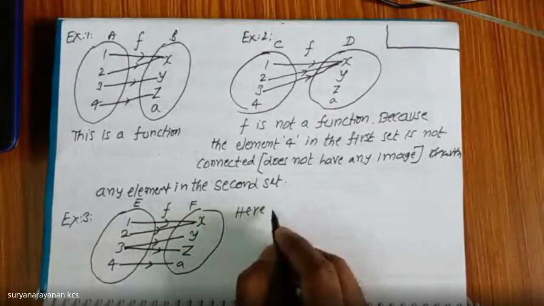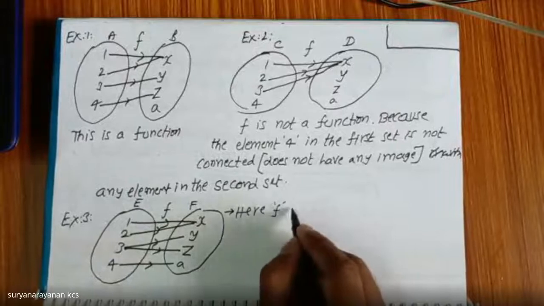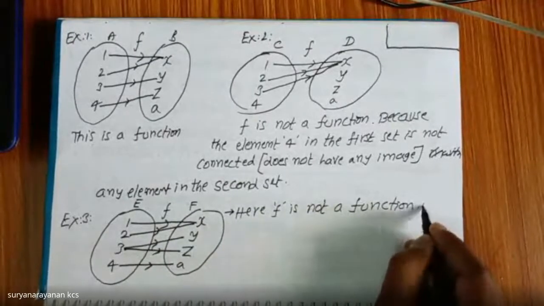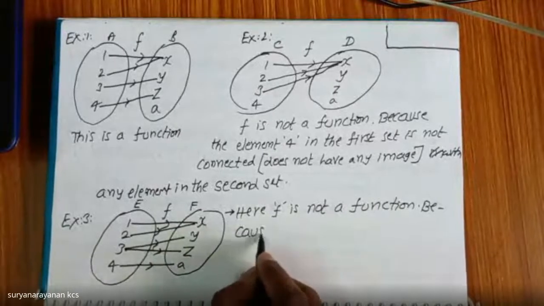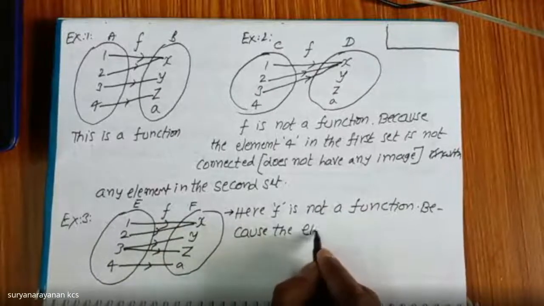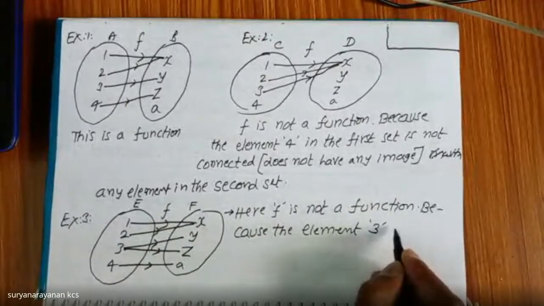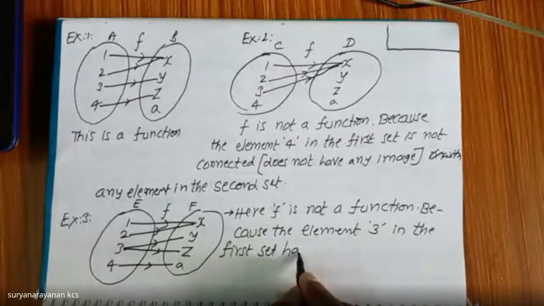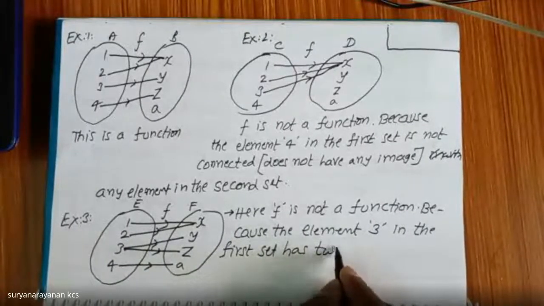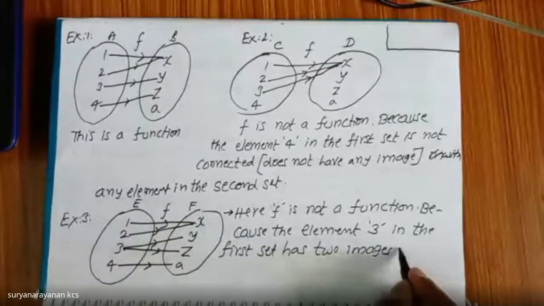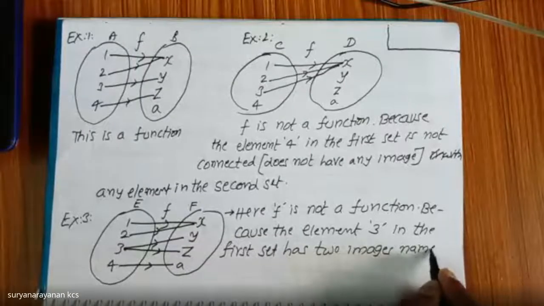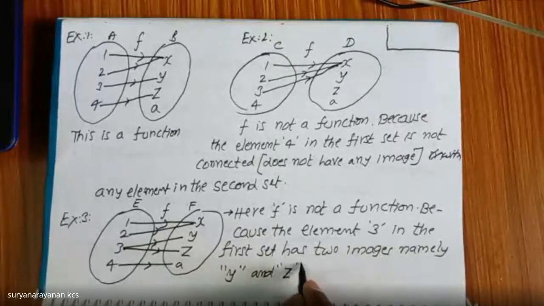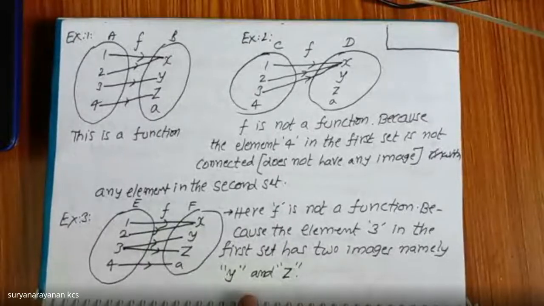Here, f is not a function because it should have one and only one image.